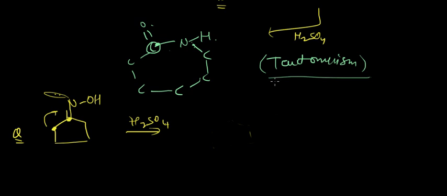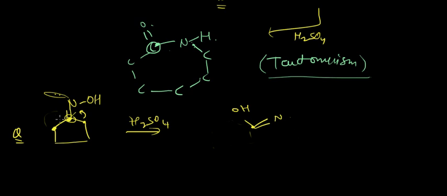What we will see is between this carbon atom and this carbon atom we'll have tautomerism. OH will be getting attached here, double bond here. For clarity you can assume that this bond is actually migrating to this nitrogen atom.